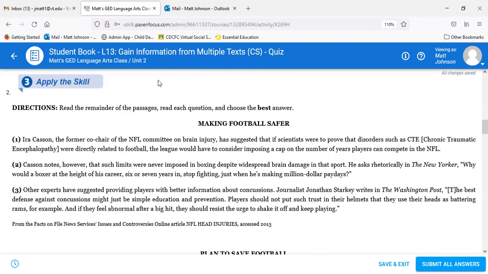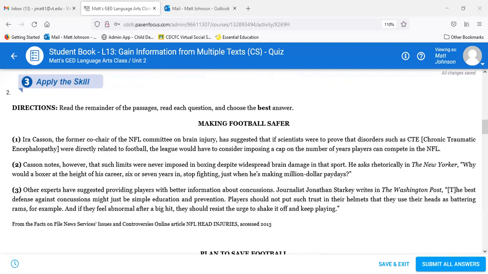Carson knows, however, that such limits were never imposed in boxing despite widespread brain damage in that sport. He asks rhetorically in the New Yorker, why would a boxer at the height of his career, six or seven years in, stop fighting just when he's making $1 million paydays?